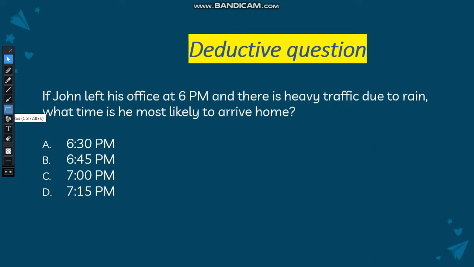But if we look at certain information, his leaving time is 6 p.m. and normally he reaches at 6:30. So that means if there is traffic and there is a delay, he's going to reach after that particular time. If his house is very near, he may reach at 6:45 p.m., 7 p.m., or any other time.